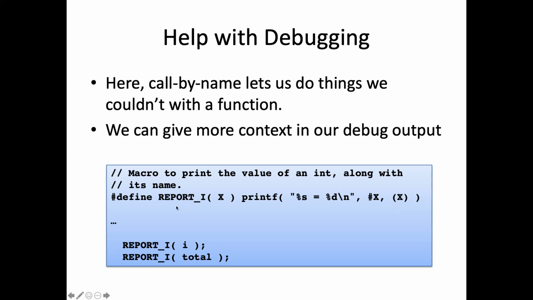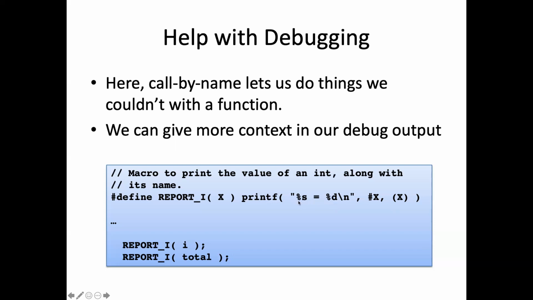I called it report I because it'll print out the value of any integer you want. That's what the %d does. And whatever you pass in as the parameter, I just evaluate that, and that's the value of d. But I also report the name of the variable, or really whatever expression you want to print. And that's what this %s is going to be.